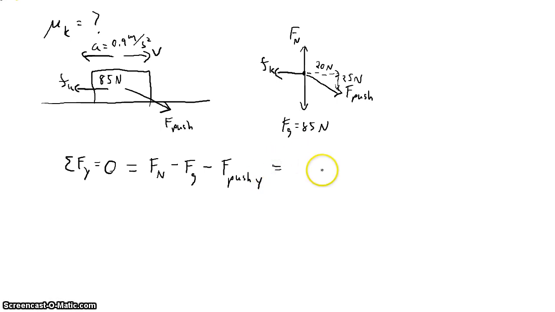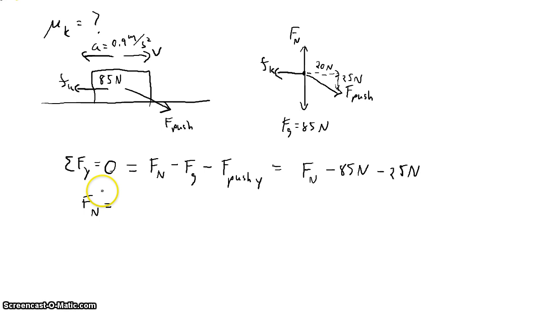If we plug in numbers, then that means that we have the normal force minus 85 newtons minus 25 newtons. Since we know that all that must come to 0, we only have one unknown here, the normal force. So we can go ahead and solve for that.